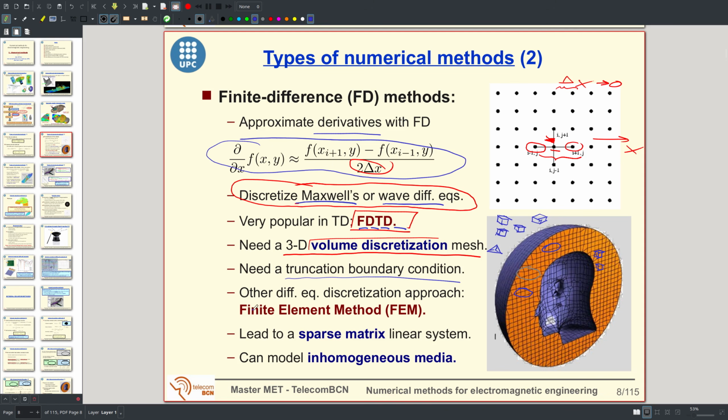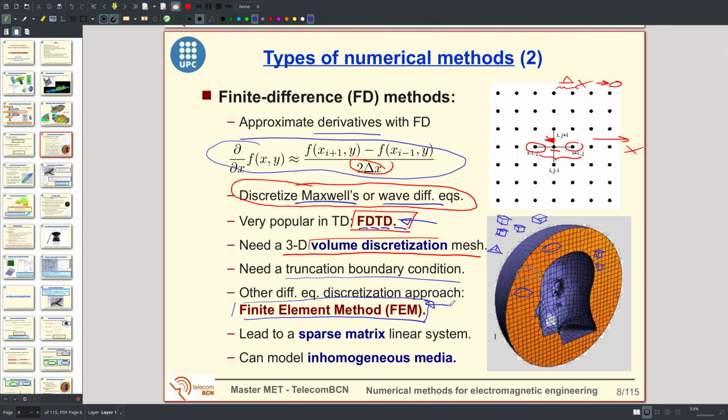Another example of a method that is widely used apart from FDTD is the finite element method. This method is probably the most commonly used numerical method in engineering in general, not in electromagnetics. In electromagnetics, the most commonly used methods are this FDTD method that I mentioned before and the method of moments that I will explain later. But in engineering in general, finite element methods are probably the most commonly used.